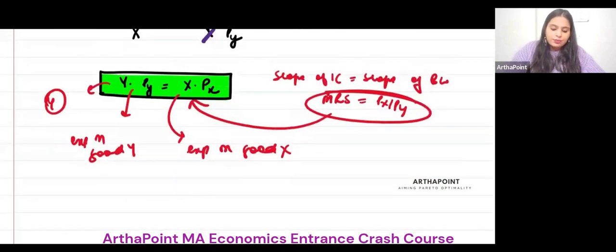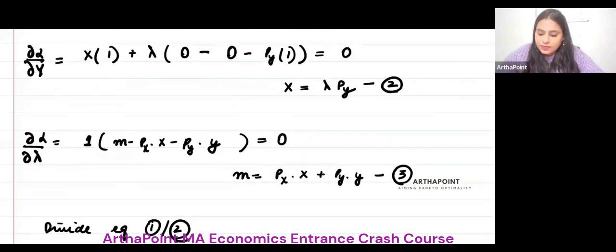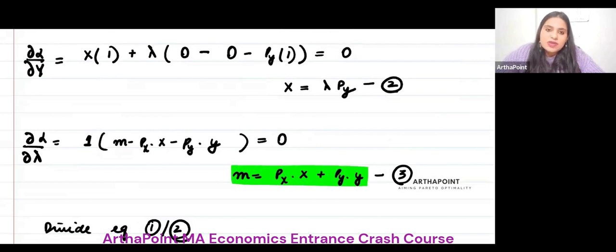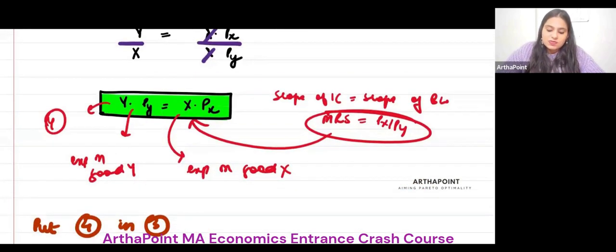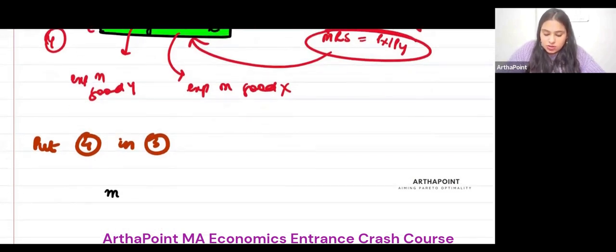Now put 4 in 3. This was my equation number 3. M is equal to px into x plus py into y. I just got that px into x should be equal to py into y. This is what this tells me. So my third equation was m is equal to px into x plus py into y.